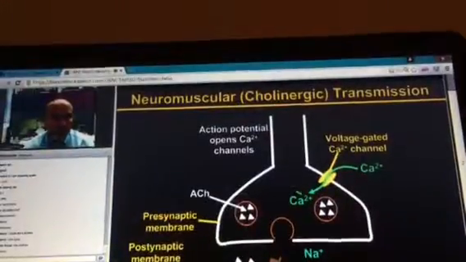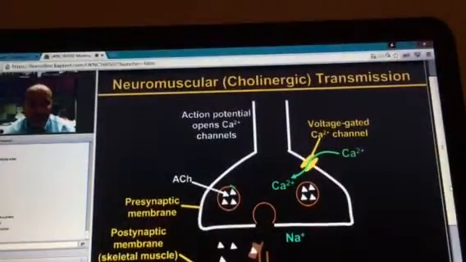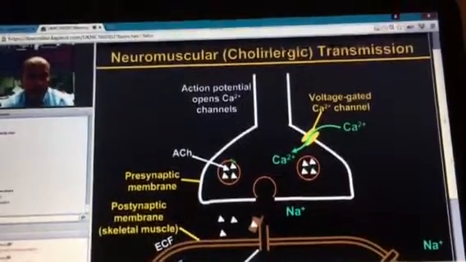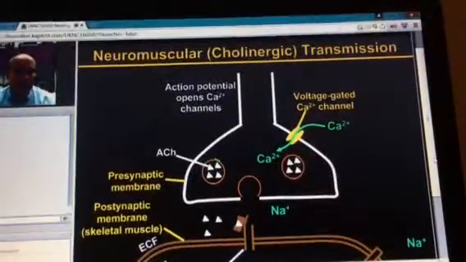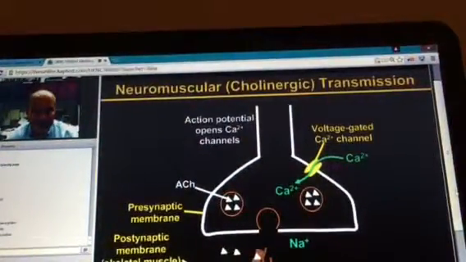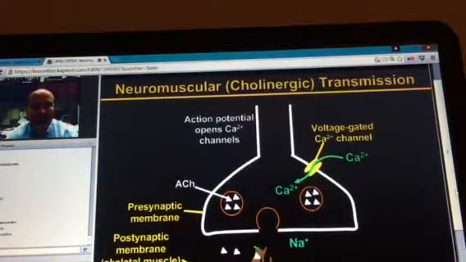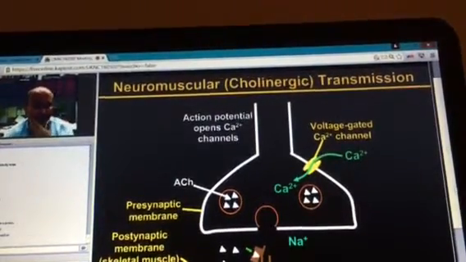Once again, calcium causes neurotransmitter release. The more calcium that comes in, the more vesicles release neurotransmitter. So calcium and neurotransmitter release are directly coupled together. This acetylcholine at the neuromuscular junction is going to bind to a ligand-gated ion channel called the nicotinic receptor.